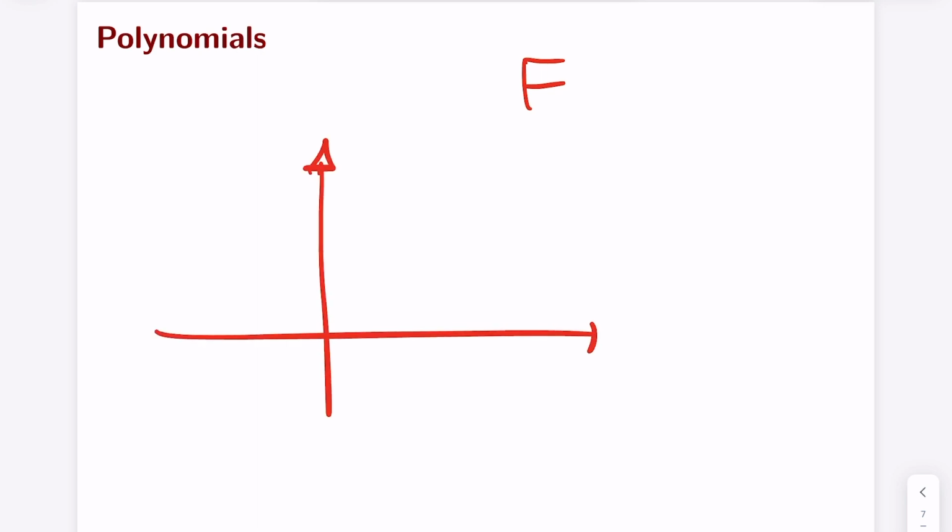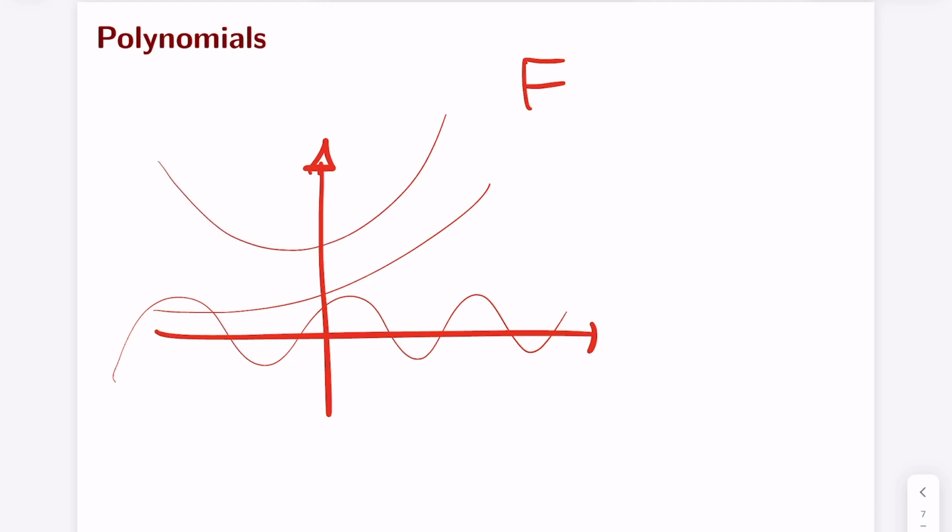Okay, so this is going to be one of the most important examples of subspace, and it's going to be a subspace of the set F, I mean, the set of all the functions. Well, inside the set of all the functions can be anything, right? Like an exponential, a sine or cosine, a parabola, any function that will be elements in the space of functions.